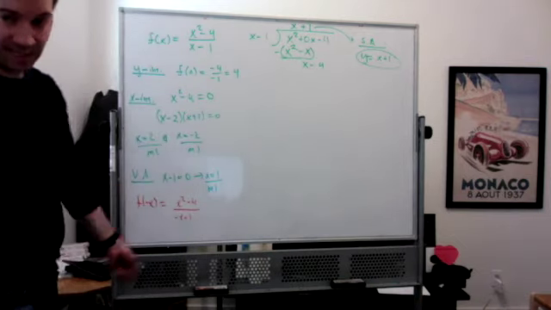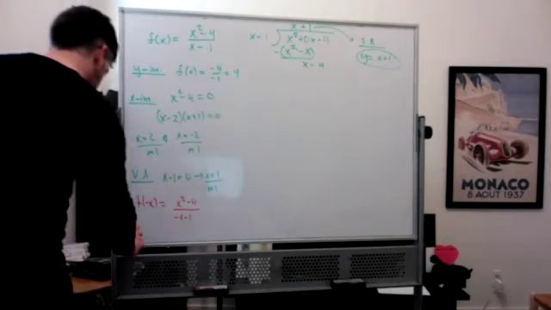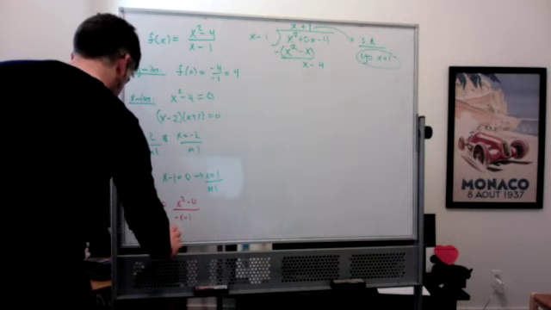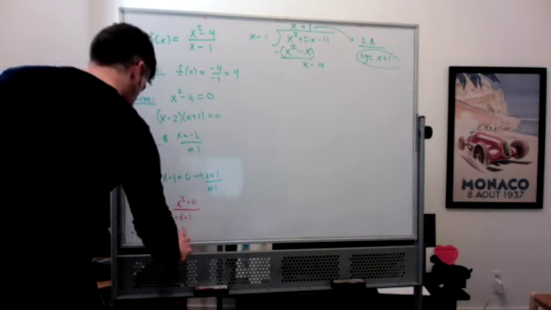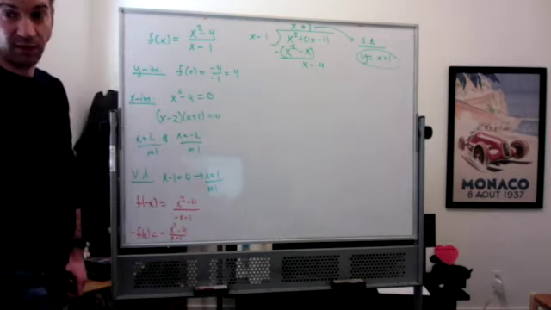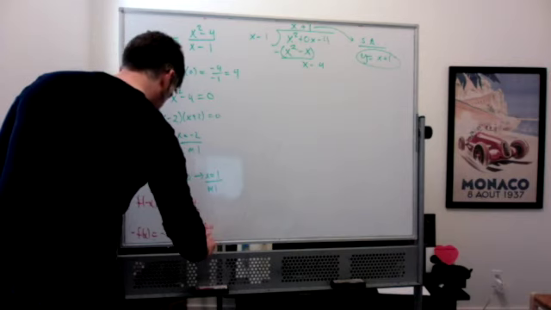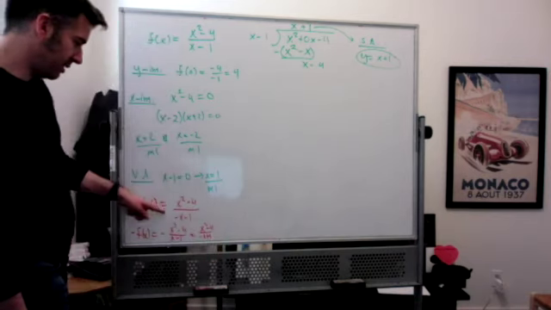This definitely isn't the same as the original function. And it's also definitely not equal to negative f of x. Because negative f of x would be negative x squared minus 4 over x minus 1. And if we distribute the negative to the bottom, you get x squared minus 4 over negative x plus 1. And that's not the same as that either.